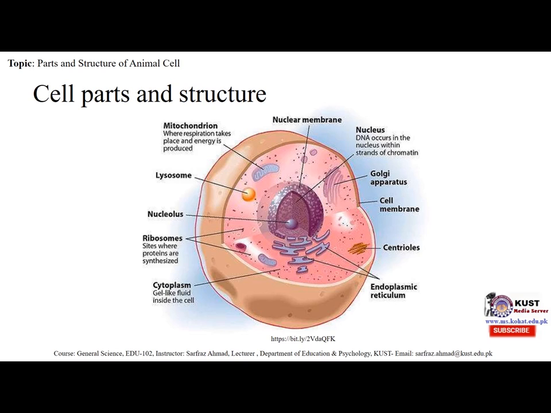Then the Golgi apparatus, cell membrane, and centrioles. The endoplasmic reticulum is there, and cytoplasm, which is the gel-like fluid inside the cell, and ribosomes. These are the sites where proteins are synthesized. And the nucleus is there, and lysosomes.